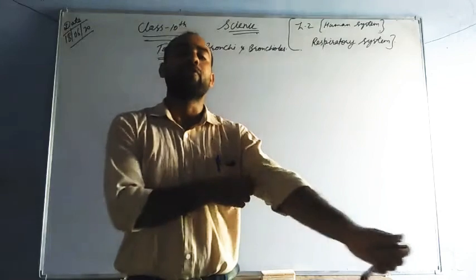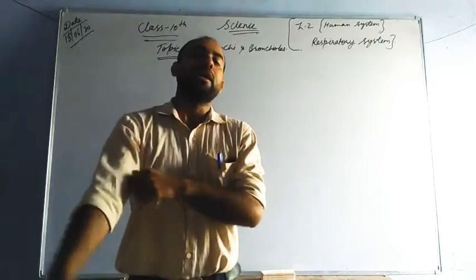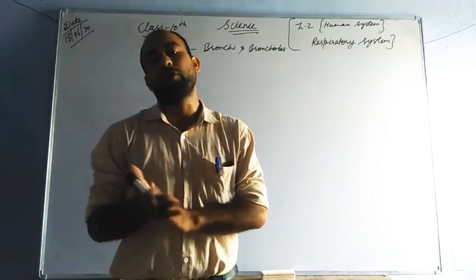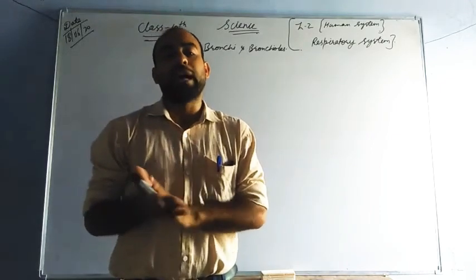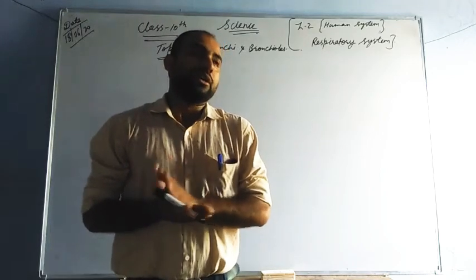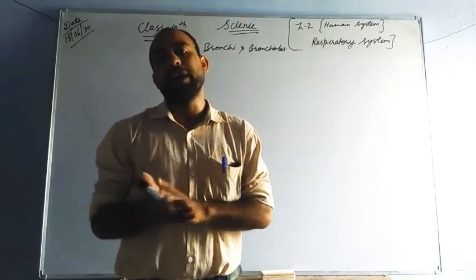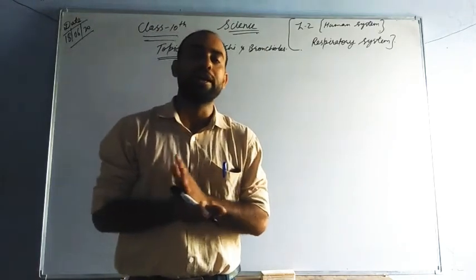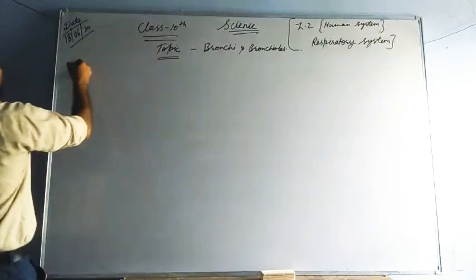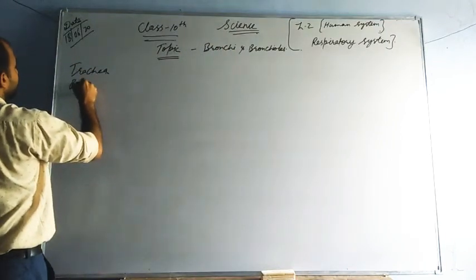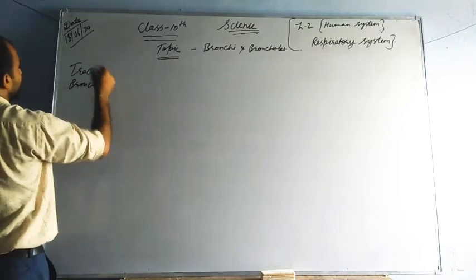After that we went to the lower respiratory system, in which the trachea is there, the bronchus is there, the bronchi and bronchioles are there, the alveoli are there, and the lungs are there. Till bronchus we have already talked, and the parts we talked about are the trachea and, second, the bronchus.